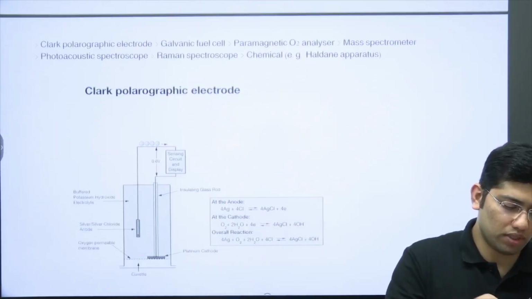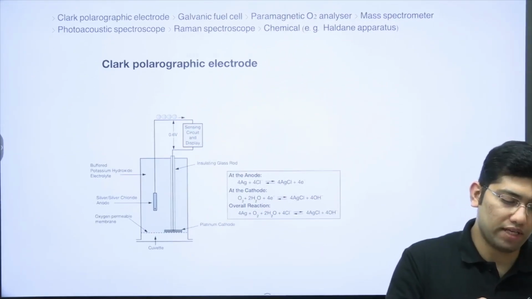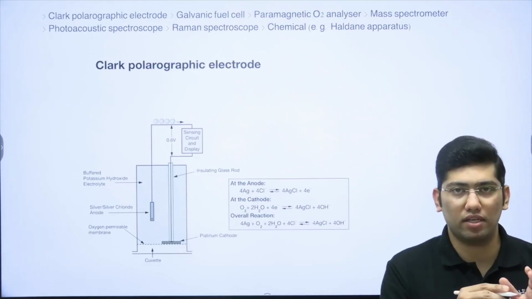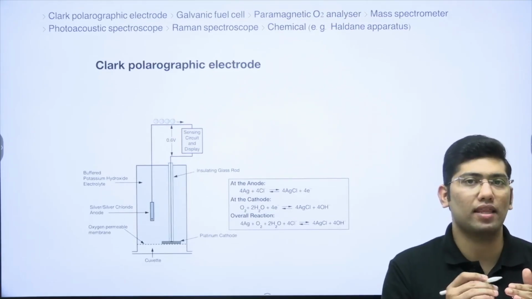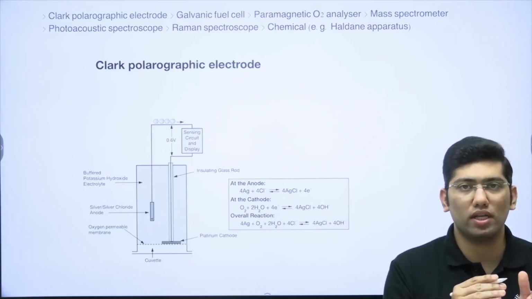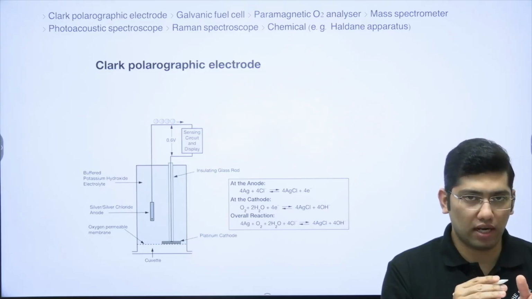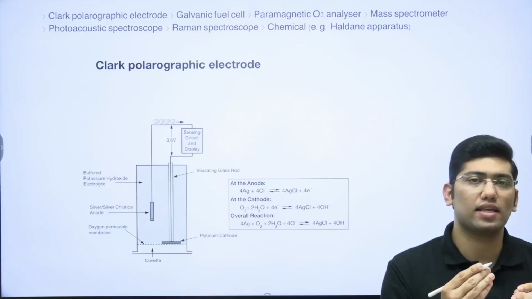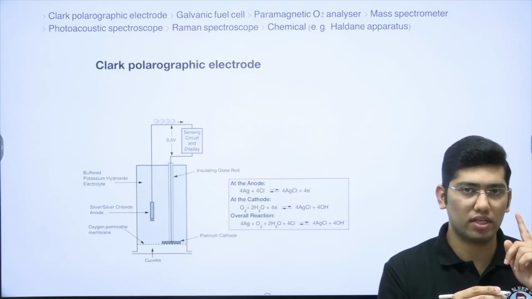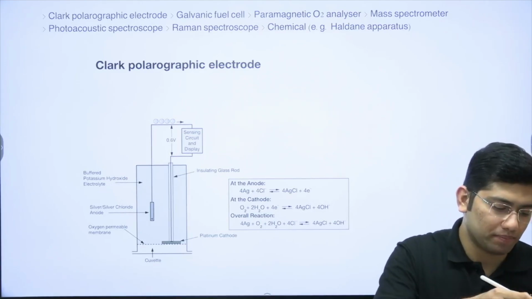Now let's go to the first electrode, that is Clark's Polarographic Electrode. Because these are amperometric electrodes and they have a cathode and anode, you have to remember what is the cathode and what is the anode in Polarographic Clark's electrode as well as Galvanic Fuel Cell. Only 2 electrodes you have to remember. Don't worry, I have a very easy way to remember.